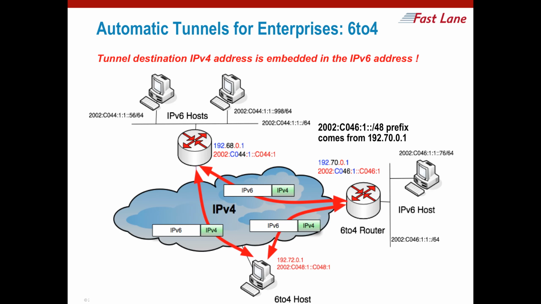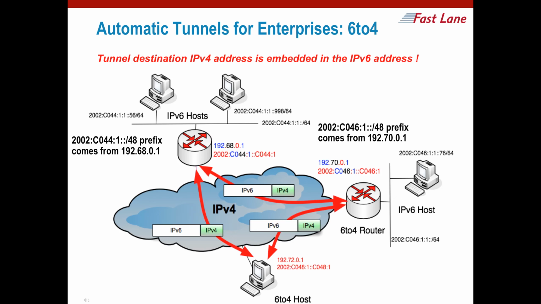So this is a /48 prefix, which is used for the site on the right-hand side. Same principle for the left-hand side, with C0 being 192, 44 being 68, and 1 being 1. Again, this /48 prefix can be subnetted into many subnets.